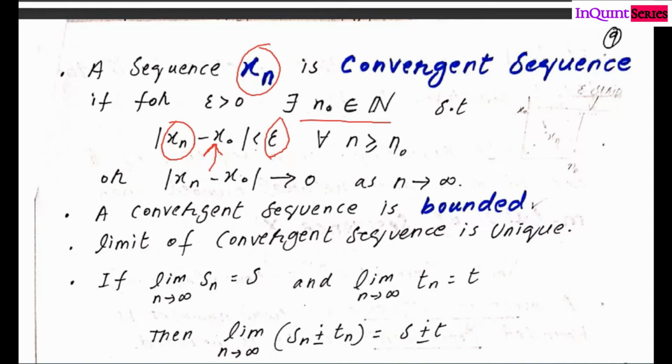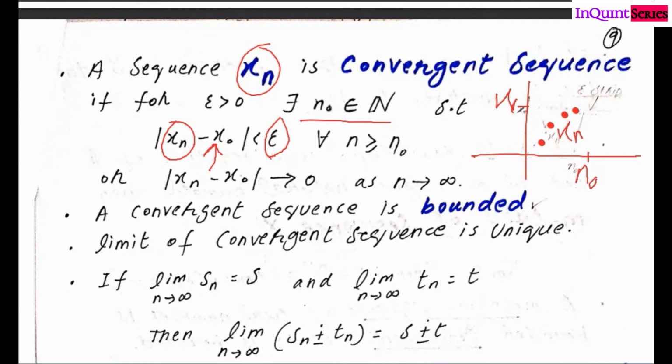So you can also get the idea from this graph. Here I can take these as the terms of the sequence xn. Here I fix any number n naught, and here my term is x naught.